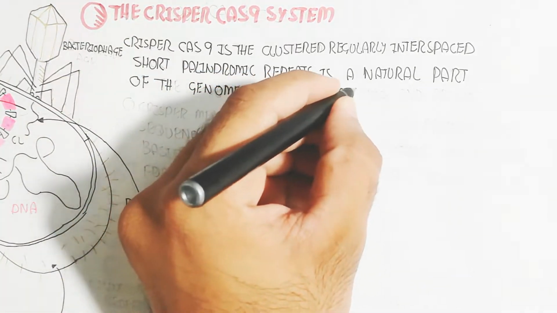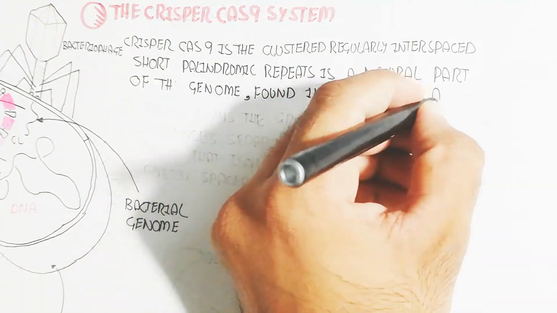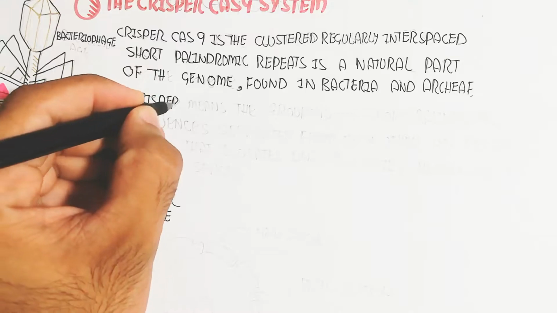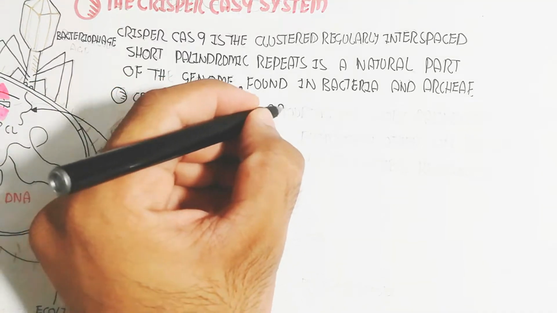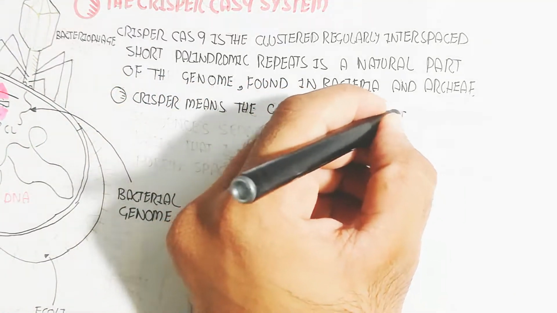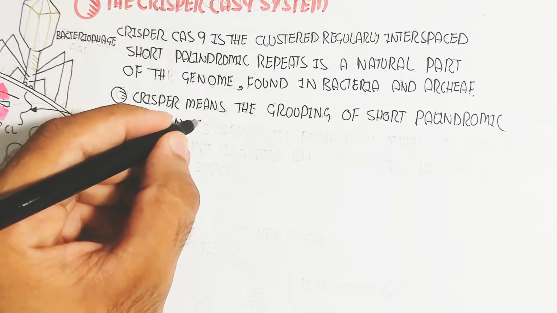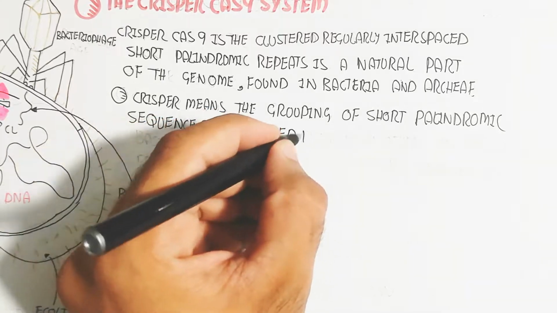So CRISPR means the grouping of short palindromic sequences separated from each other on a regular basis that isolates DNA sequences recognized as foreign spacer.